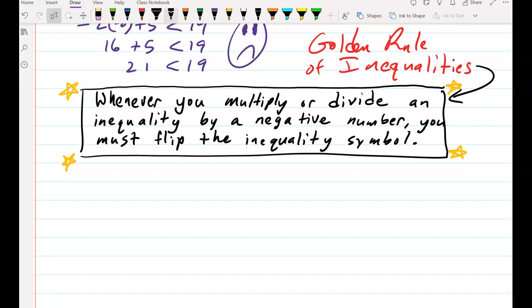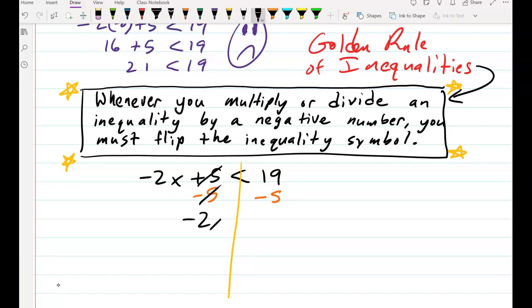So let's try this again. Well, let's follow the golden rule. Negative 2x plus 5 less than 19. Okay, we subtracted 5 from both sides, right? And when we did that, those two canceled out. We have negative 2x. 19 minus 5 is 14. The second step was to divide by negative 2.